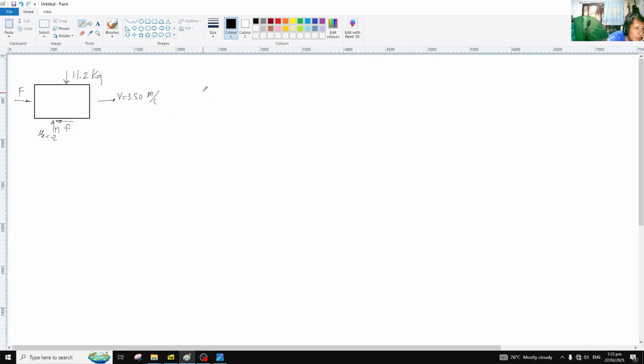So this one is a summation of forces on x equal to 0. We can plug in our equation because this is a case of equilibrium. Your force to the right is F, while the force to the left is your frictional force f. Then you have to find that f.